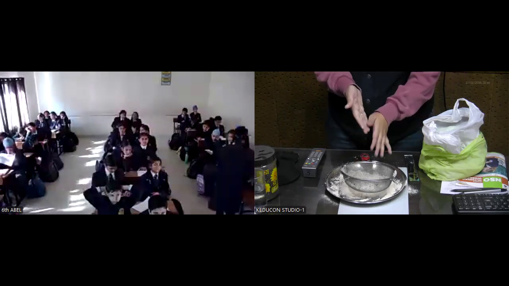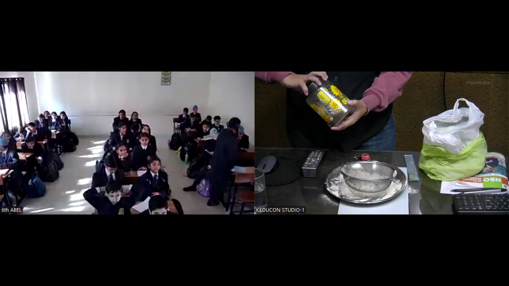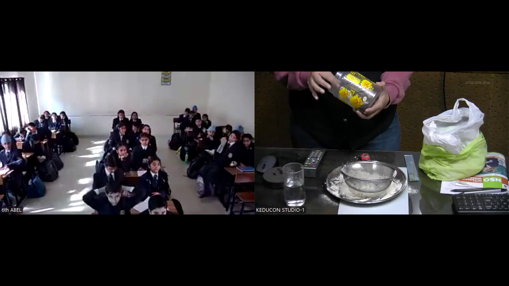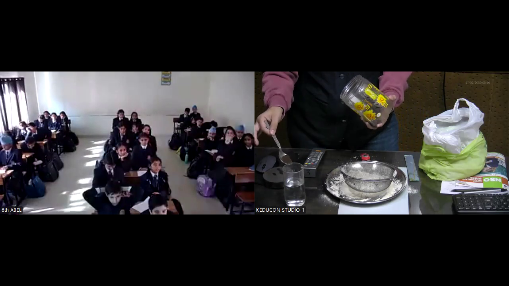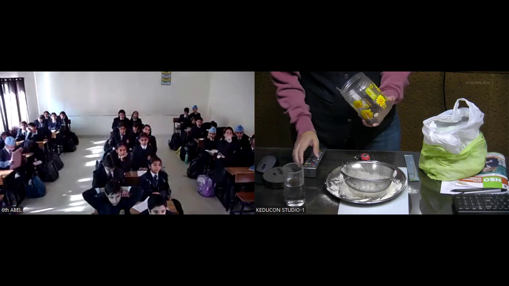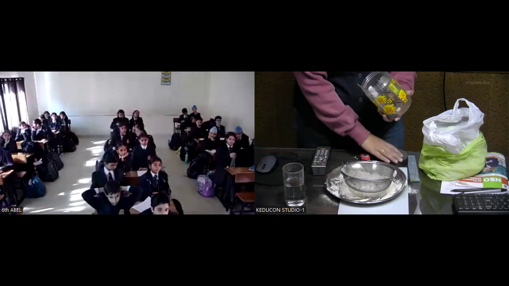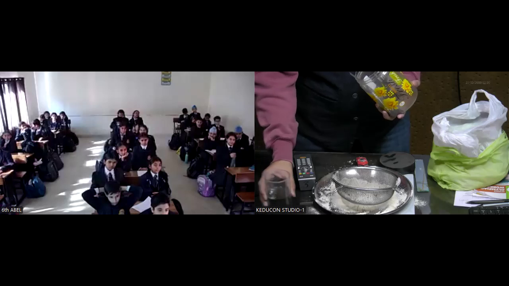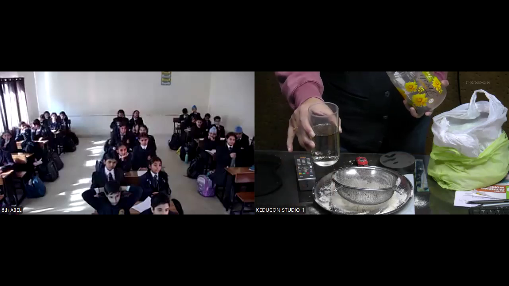Okay. Now this is a glass of water. Now I'm adding in this tea leaves. Can you see the tea leaves here? Yes?